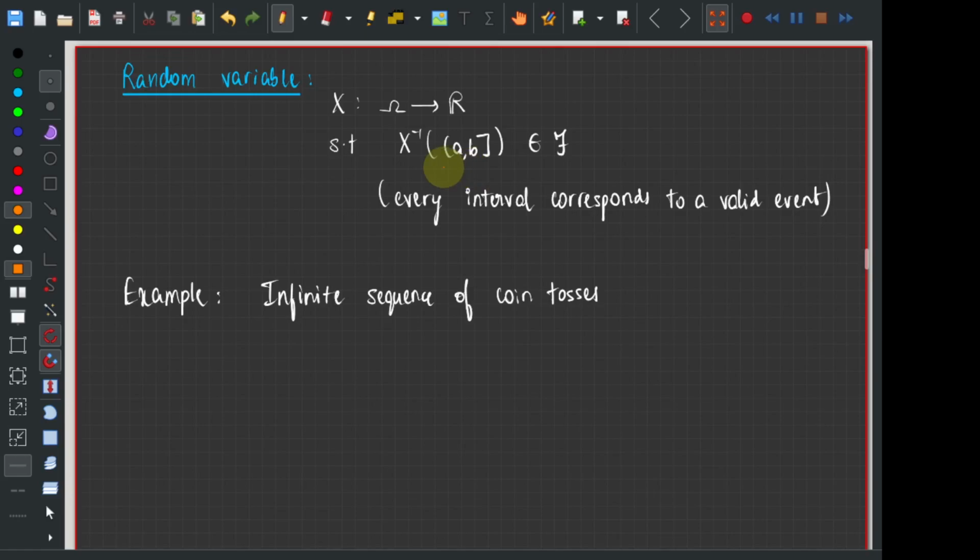So every half-closed interval, again, there are various definitions of this. You can look at open intervals or closed intervals or half-closed intervals. And every half-closed interval should correspond to a valid event in your probability space.